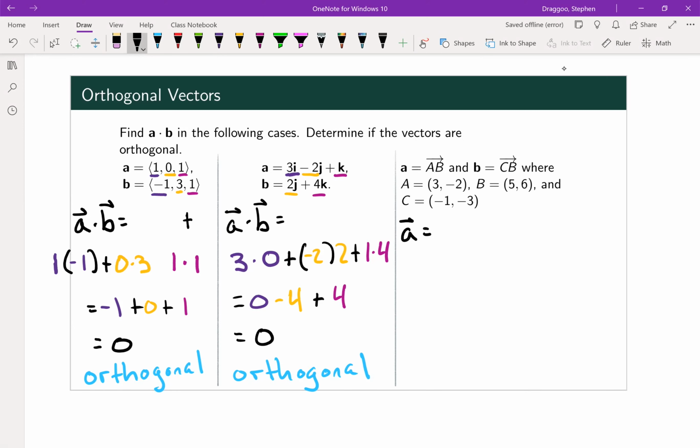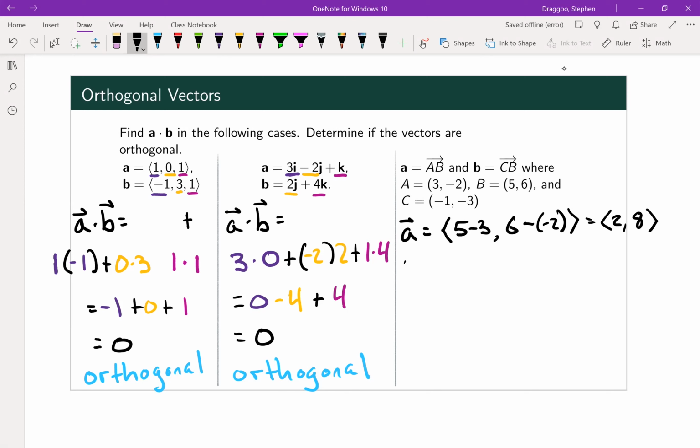So if we look at vector A, in order to get that vector, we're going to take the point B and subtract the point A. So we'll have 5 minus 3 in the x component, and then we'll have 6 minus negative 2 in the y component. So 2, 8 is our vector for A.